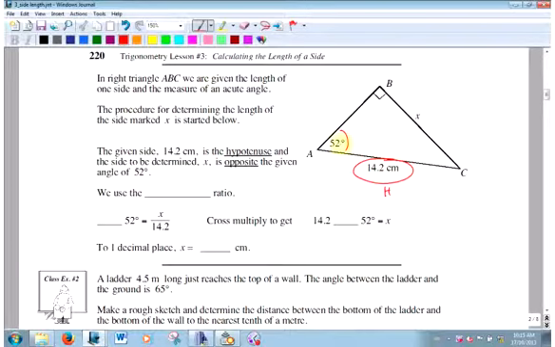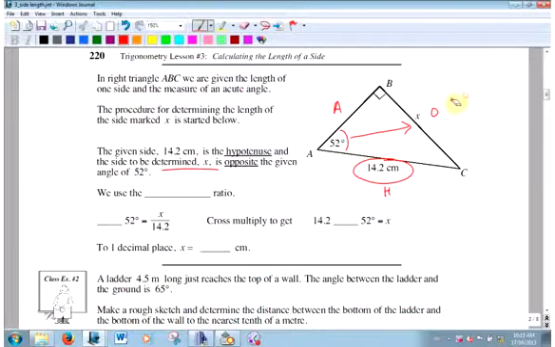Okay? For the angle that's given here, x is what? It's the opposite side. Okay? So this AB must be the adjacent. Okay? So, I'm given a hypotenuse. I need to determine the opposite.